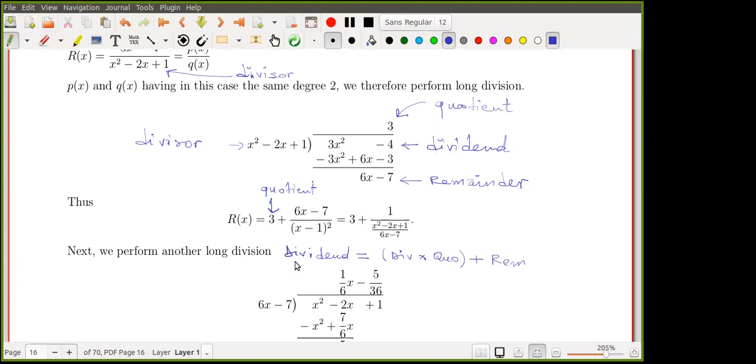Now, if I divide this again by the divisor, I will get my Rx. So Rx will be the dividend divided by the divisor. Now you see that if I cancel this, I'll get the quotient.